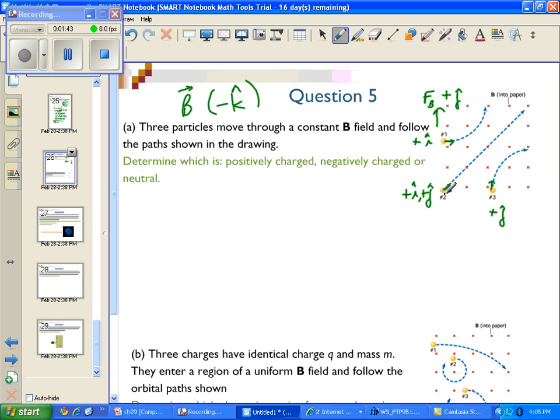Particle 2 comes in diagonally, but notice that there's no bend in the path. That tells us right there that the magnetic force is 0, or in other words, not there. Particle 3 comes in upward, but notice that it bends to the right. There must be a magnetic force to the right, FB, in the positive i hat direction.